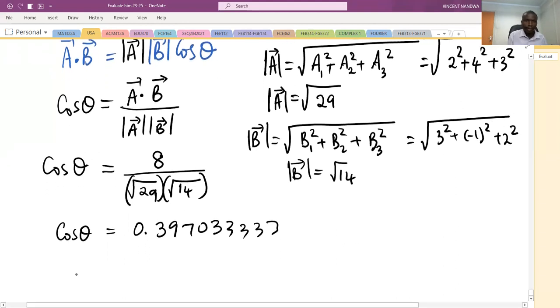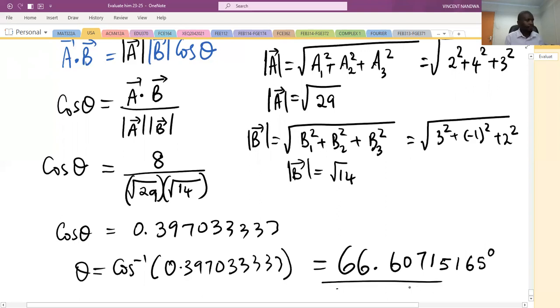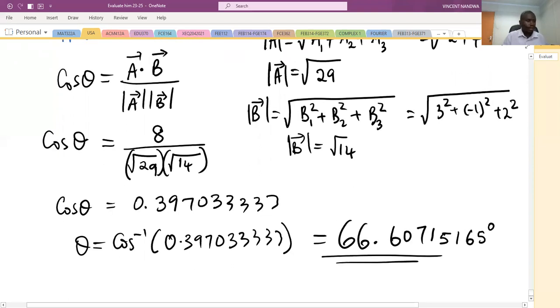So theta is the cos inverse of this answer, 0.3970333333, which will be 66.60715165 degrees. So that's what we have. Another example.